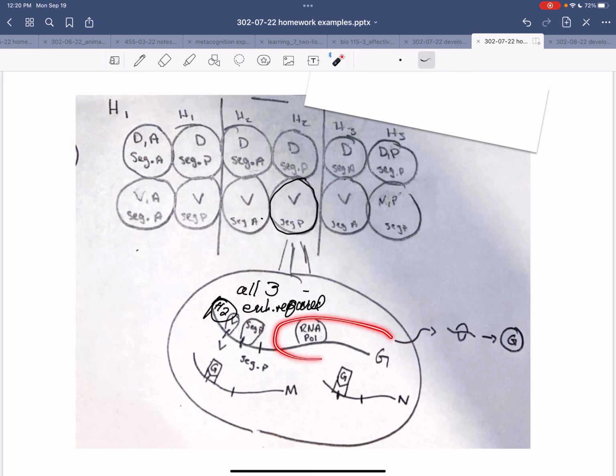That then has RNA polymerase moving along. We get protein G. Protein G, again, does not need to show a second part here, just there's protein G, and good to say enhancer, and RNA polymerase moving along.